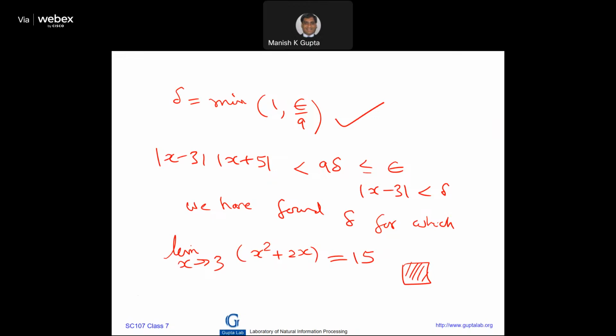You need to be very good at inequalities, how to solve inequalities and so on, because some function will be there, and you have to play with the inequalities. In that case, you need to find delta in terms of epsilon. In all the problems, find delta in terms of epsilon. Okay, so that you are done. I know that this is the first time you are encountering beautiful things, so it might be tricky.